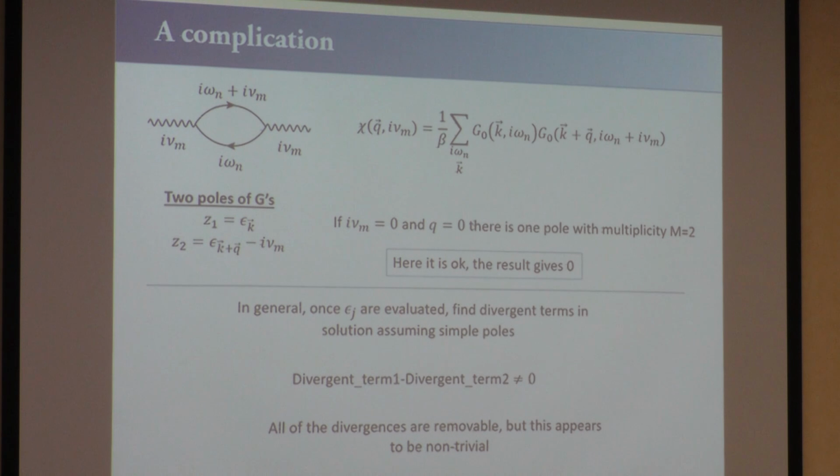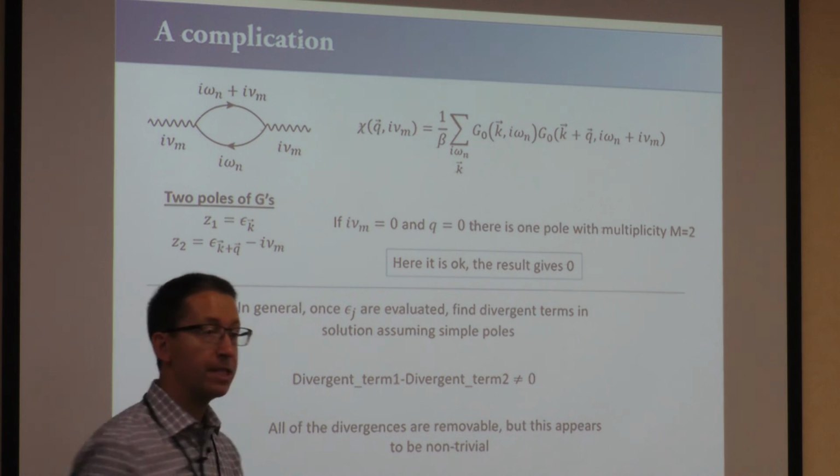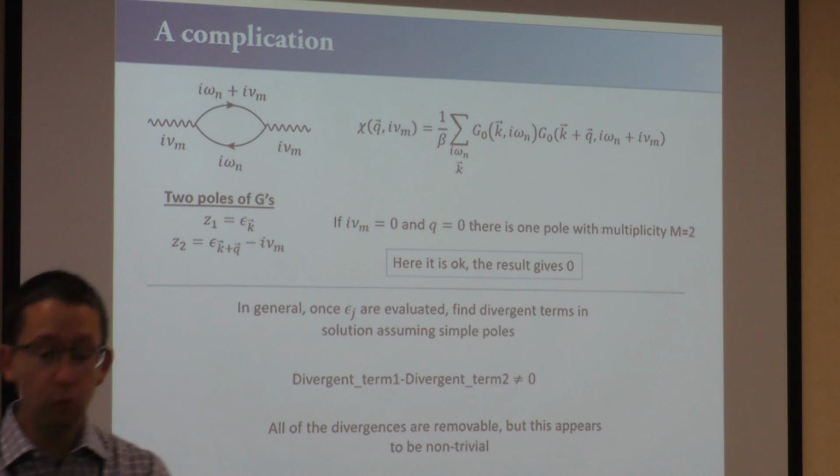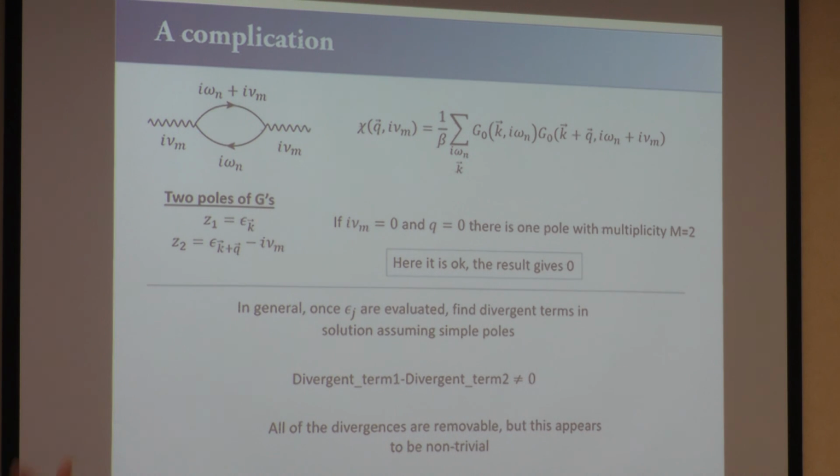Your original equation is still exactly correct. It is still the correct representation. But what you have is two divergent terms that have to sum to 0. If you look at them in the wrong way, they look divergent, but if you extract them, it's a removable divergence.